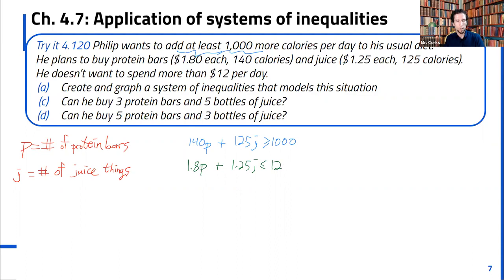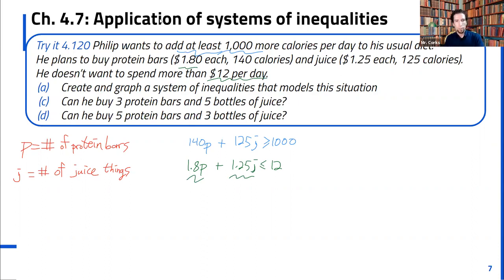So protein bars cost $1.80 each, and times the number of protein bars will give us the cost there. Same for J, and then less than or equal to 12 because he doesn't want to spend more than $12. So spending exactly $12 is okay. Spending less than $12 is great, but can't go over. So must be less than or equal.